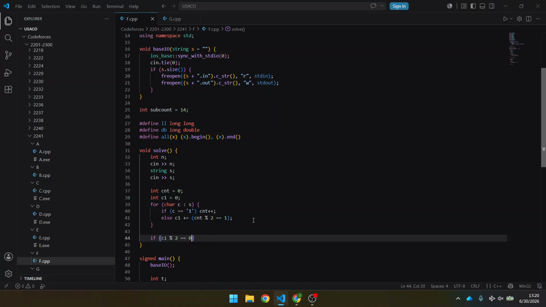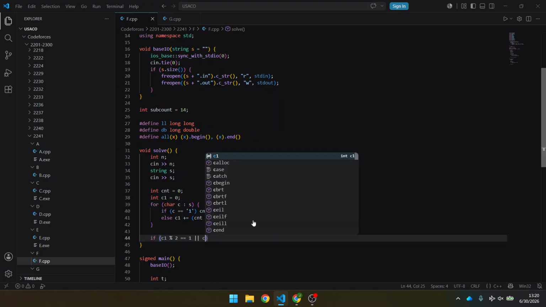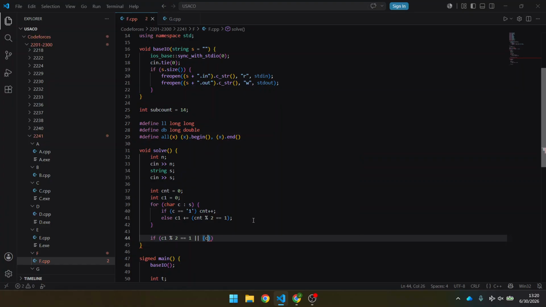C1 mod 2 is 1, or C1 mod 2 is equal to 0, and C1 is greater than or equal to. No, if it's 0, then after Alice takes one, Bob will always be able to take the remaining rest.